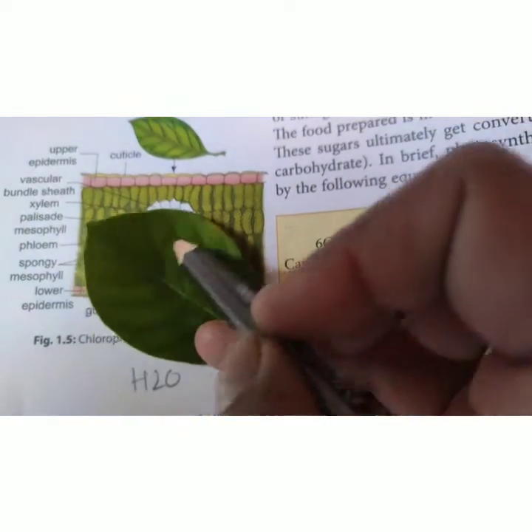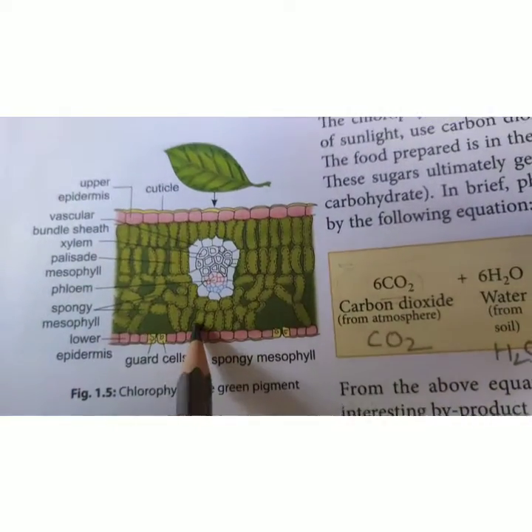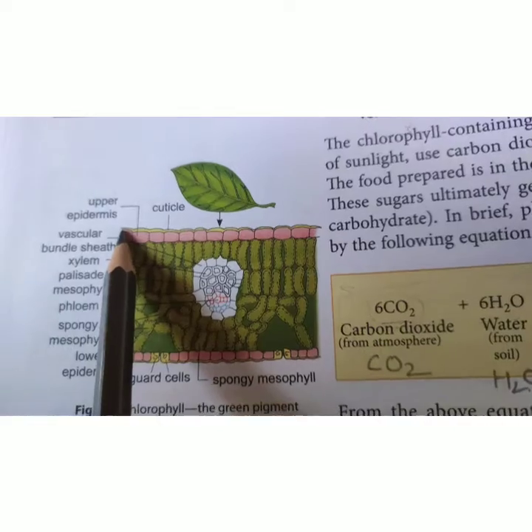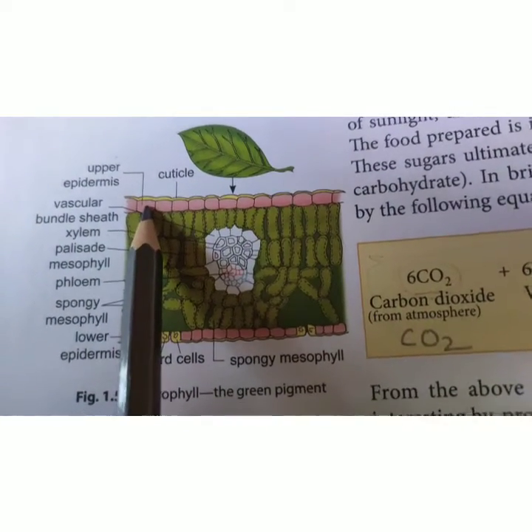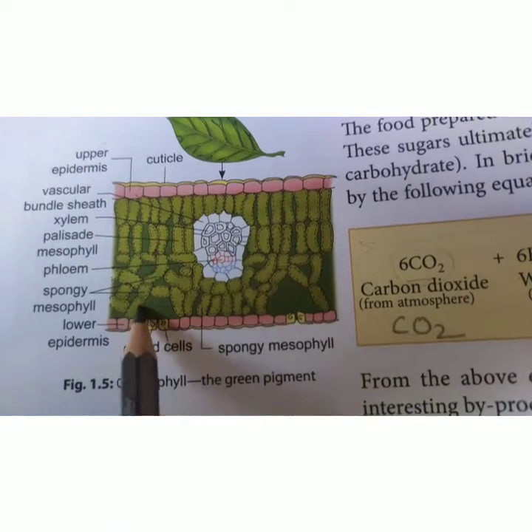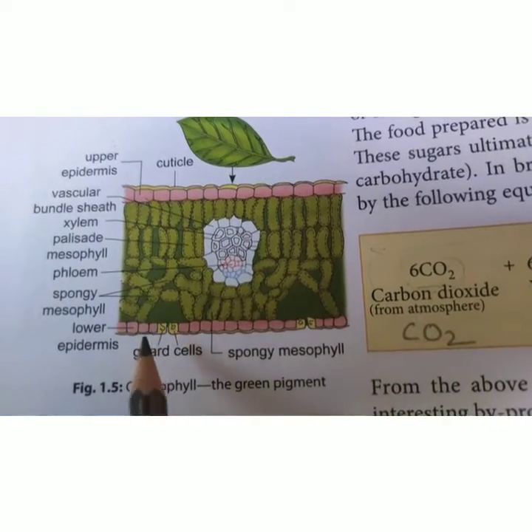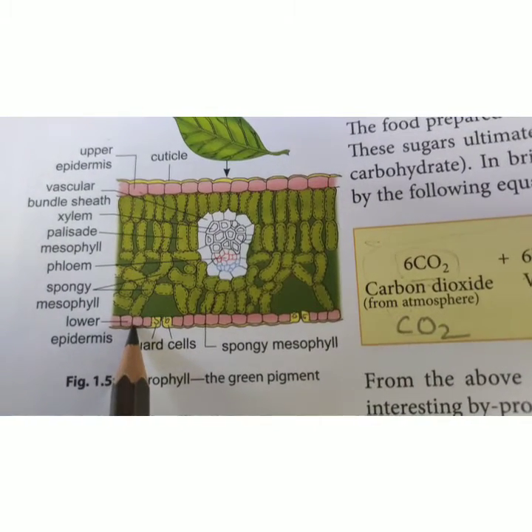Now if you cut this leaf in a fine section and see it in the microscope, you will see it like this. This yellow one is the cuticle part, then the pink one is the upper epidermis. These are the different cells, if you name them. This is the lower epidermis, and then this is the cuticle again.